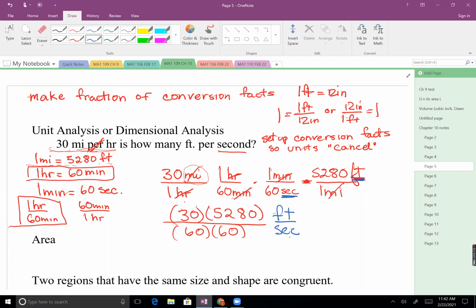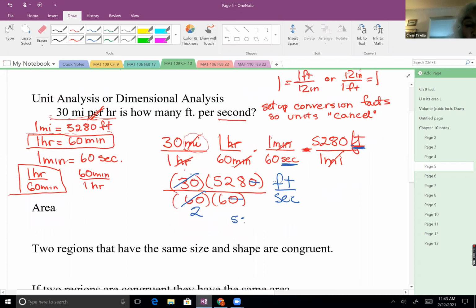Now, I would try to do this computation by hand. Is everybody all right? 30 divides into 60 twice. These two numbers, I can divide out the 10. And so now what I've got left is 528 over 2 times 6.